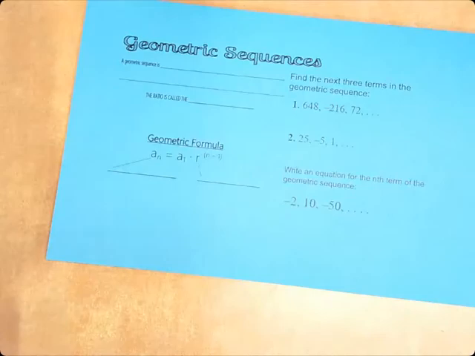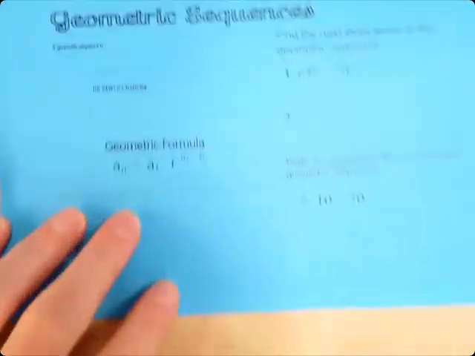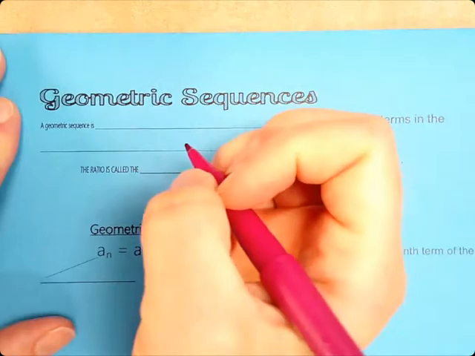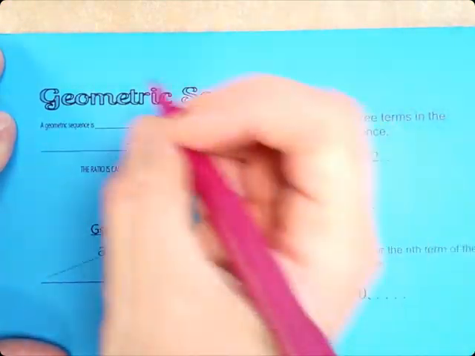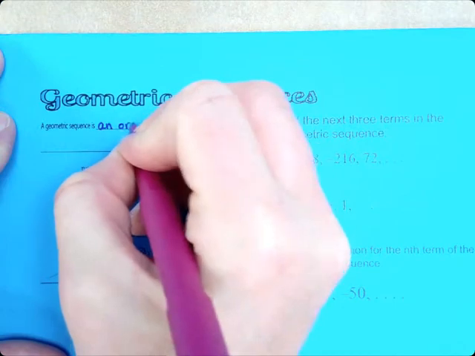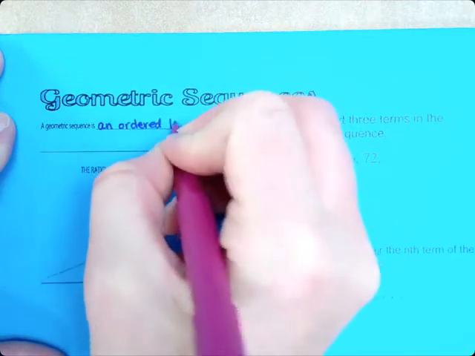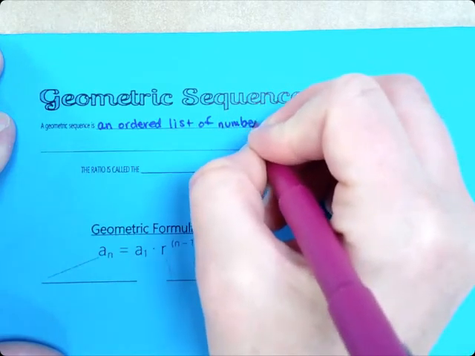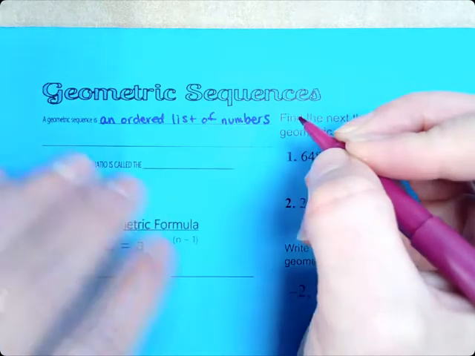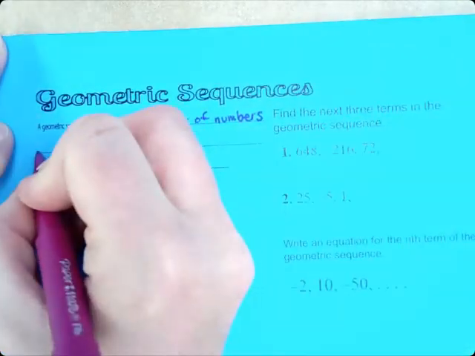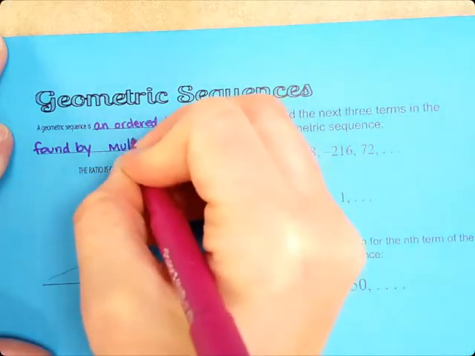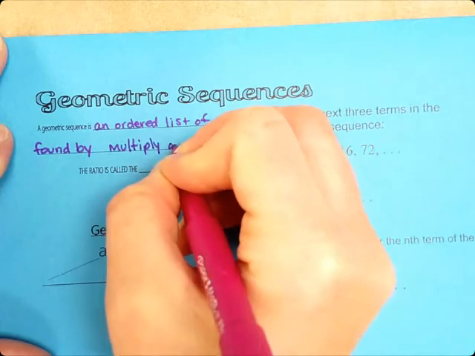So we are now going to look at geometric sequences. This is similar because there's a pattern, but instead of add and subtract, it's going to be multiply and divide. So a geometric sequence is an ordered list of numbers found by multiplying or dividing.